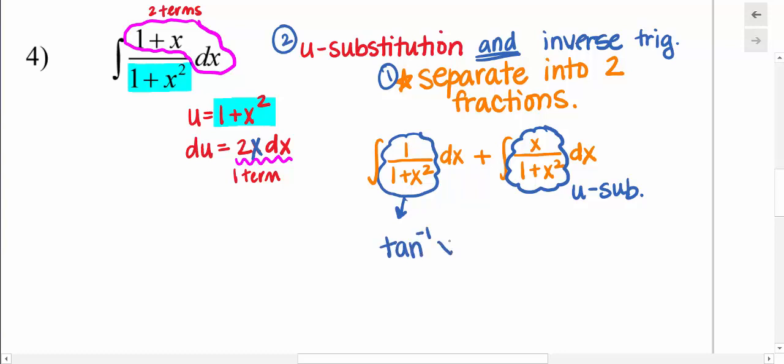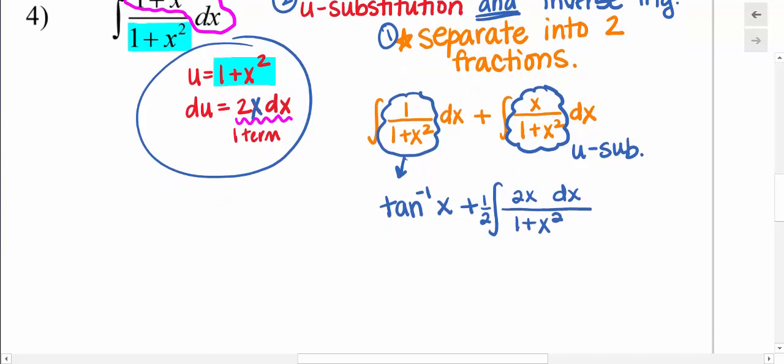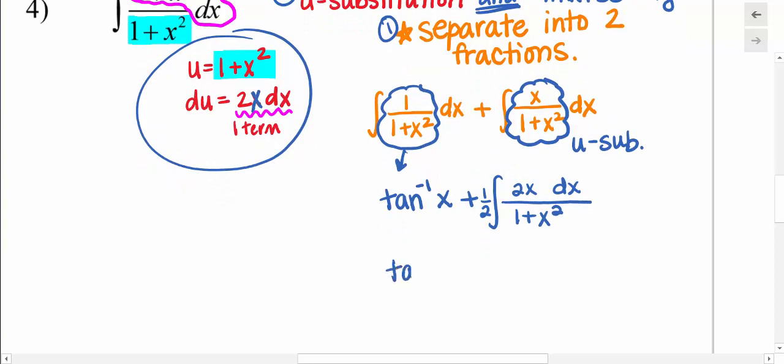So this first one is actually the antiderivative of 1 over 1 plus x squared is inverse tangent of x plus, and I'm just going to write this out because I already have the U-substitution stuff written down over there to the left. So I will throw a 2 in, so that way I have my du, which means I need to put a 1/2 out front. So then I have inverse tangent of x plus 1/2, and then that becomes du over u.